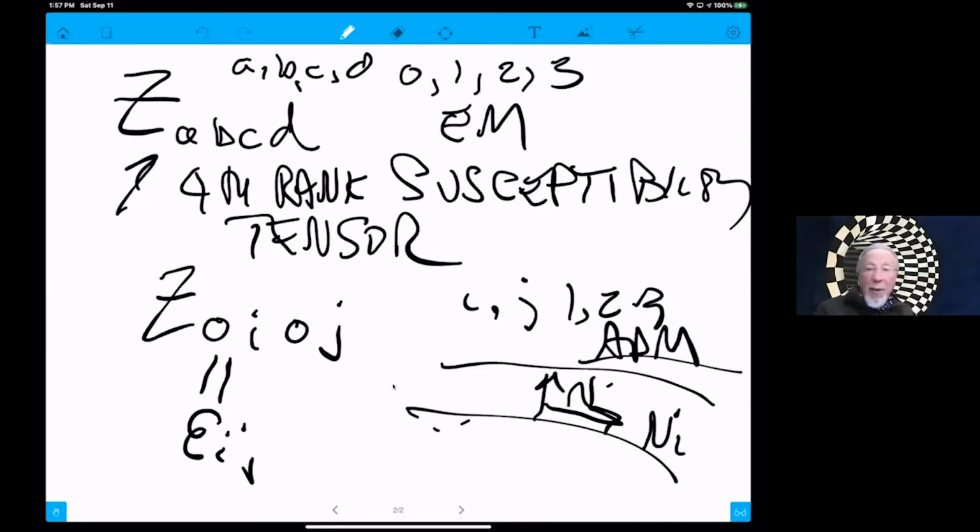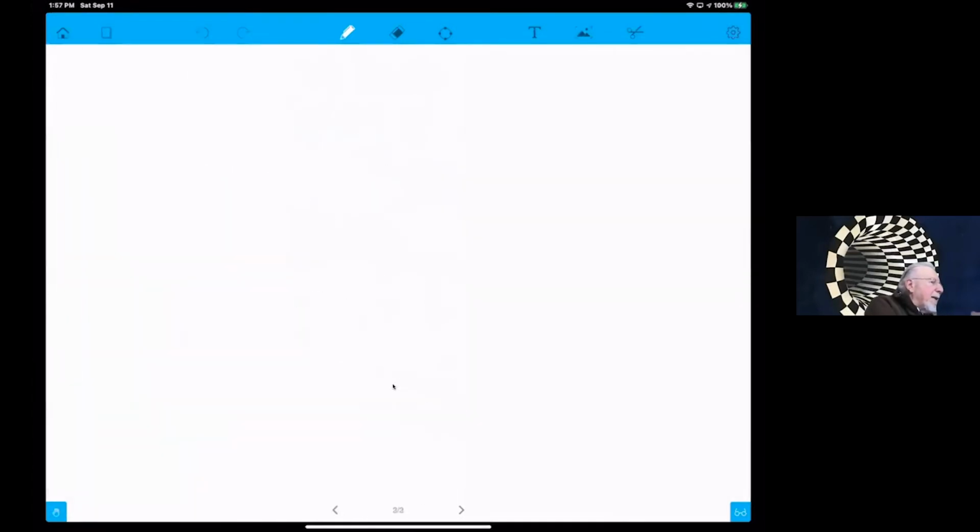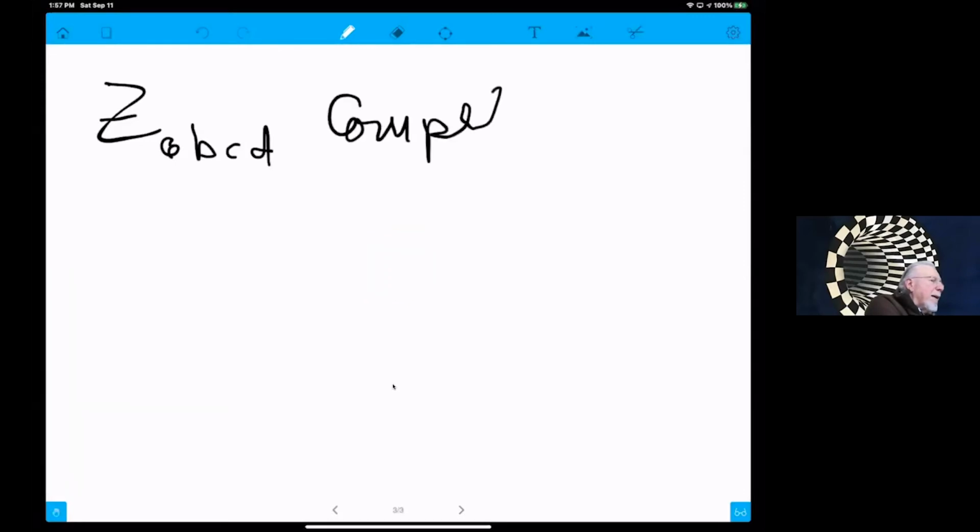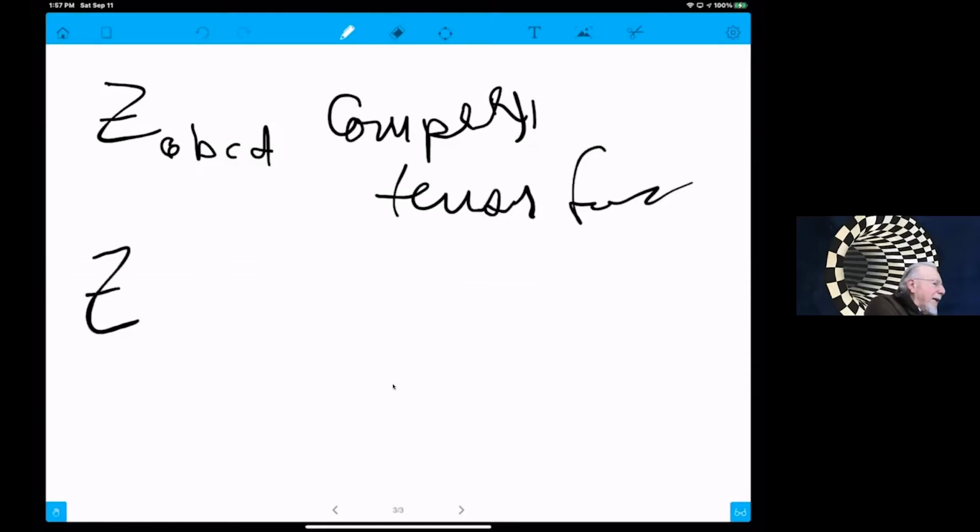It's a complex field. This is Z A B C D. It's complex. I can't draw a complex tensor field. So it's Z A B C D.